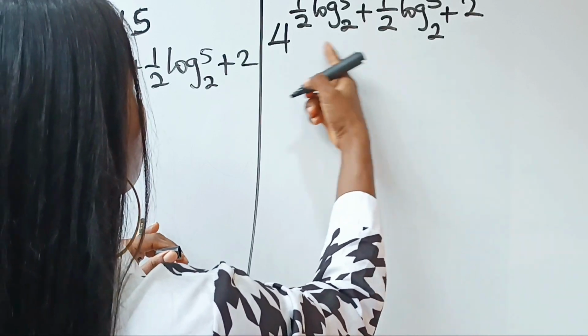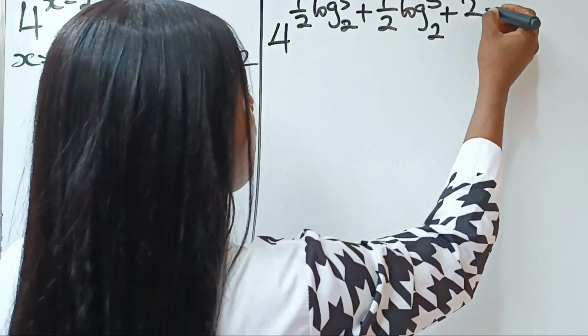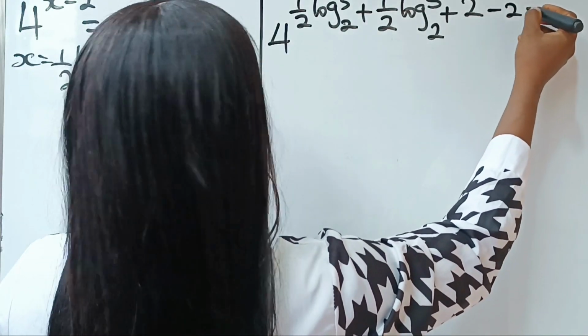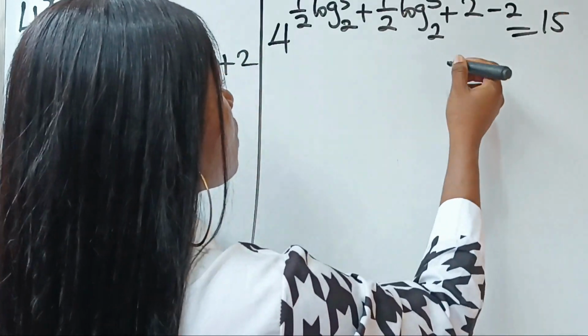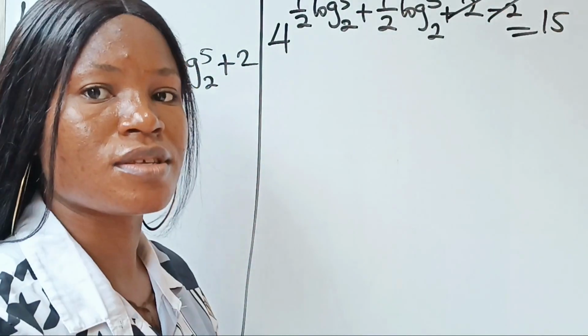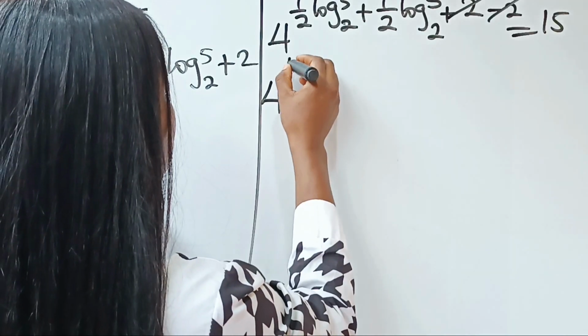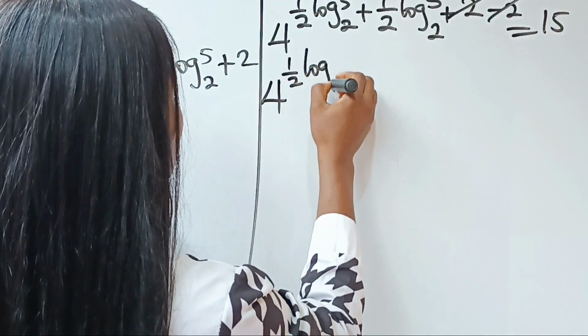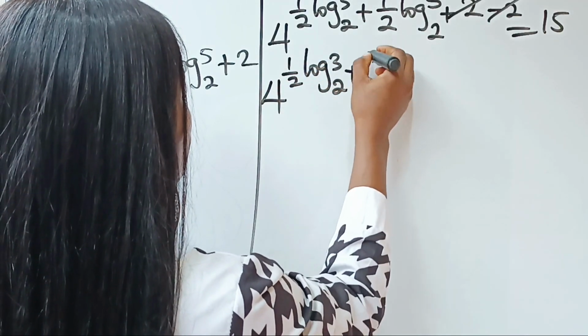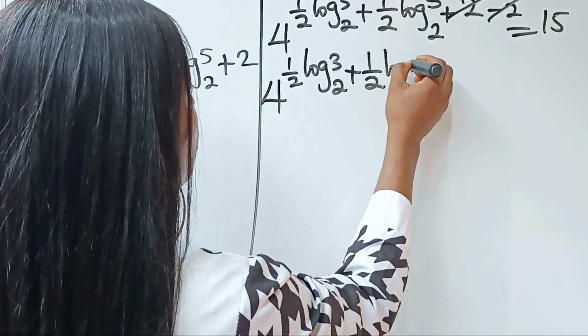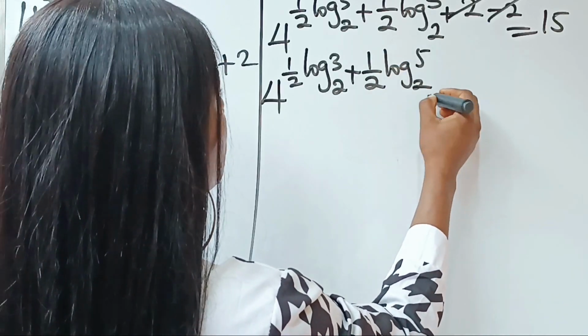So all these are the values of our x. Then minus 2 is equal to 15. Now plus 2 minus 2 is 0. That one is no longer there. So we have 4 to the power of half log 3 base 2 plus half log 5 base 2 is equal to 15.